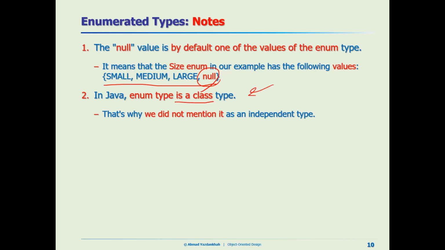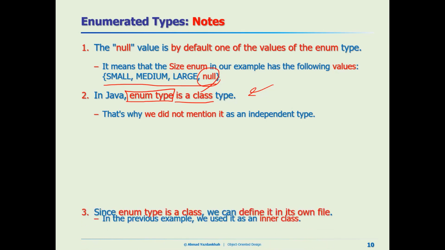So if you had a question that when we say it is enum type, it's a type. If you had this question, okay, so why didn't we mention that before? Before we said Java data types have 5 data types: primitives, class type, interface, array, and null. We didn't mention the enum, right? And now we learned that enum actually behind the scenes is a class. That's why we didn't mention that.